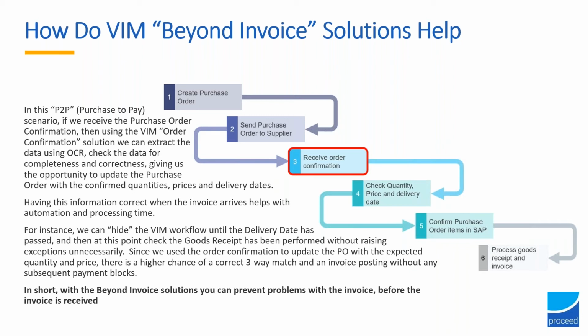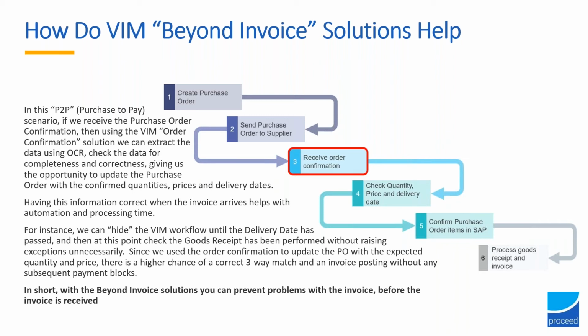But the upshot is, if you accept this order confirmation and we update the purchase order to what the supplier is committed to deliver, then when we receive the invoice or do the goods receipts, everything should match up.